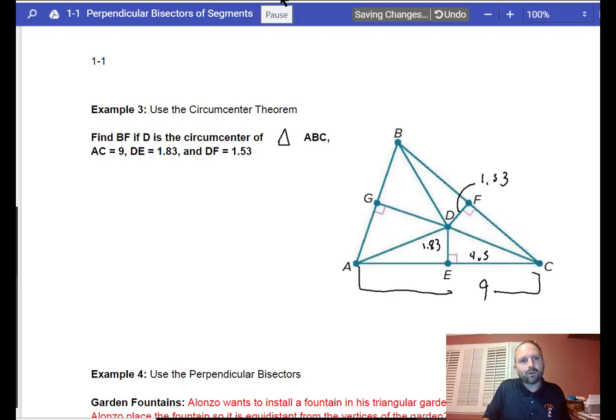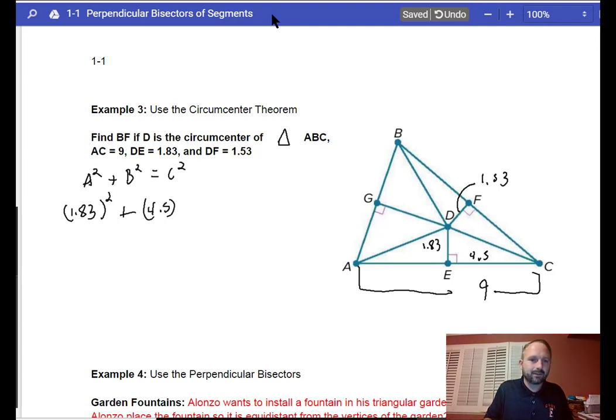And now we're getting into the tricky part. Hopefully you watched one of the 6-point intro pre-6.1 videos where we talked about the Pythagorean Theorem, because we're going to have to go over it right now. In the Pythagorean Theorem, a squared plus b squared is equal to c squared. Well, that means the leg of one of the right triangles, 1.83 squared plus b squared, 4.5 squared, is equal to c squared, or DC, whatever DC is, squared.